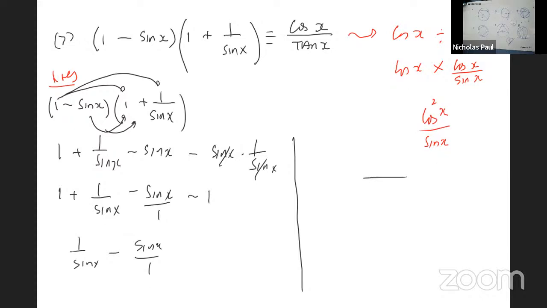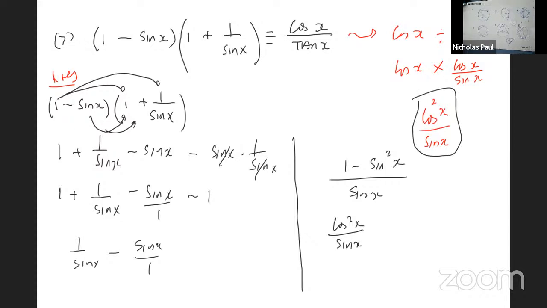So you'll be left with sine x underneath, and you'll get 1 minus sine squared. What is 1 minus sine squared? Cos squared, right? So it's cos squared on sine x. That's exactly what you have here. But you can't stop there.